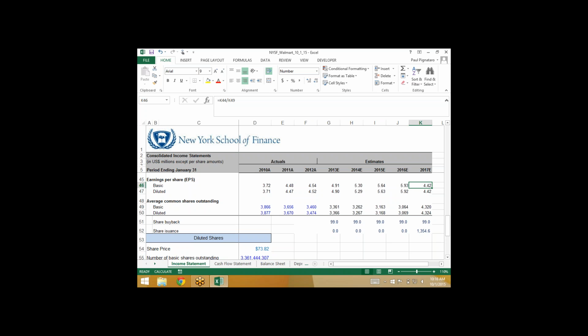Yes, Tyler. The impact of the change in shares was much bigger than the change in net income. What drives dilution in raising equity is the increase in shares, which has a greater impact than raising debt.